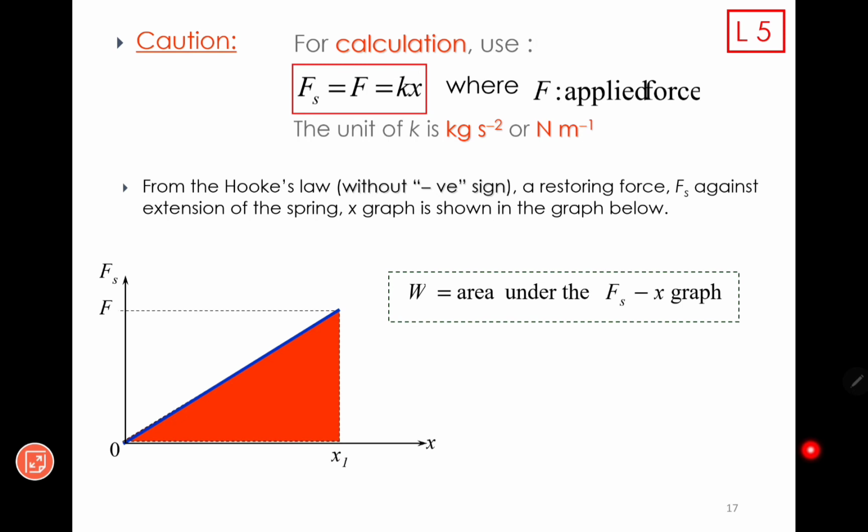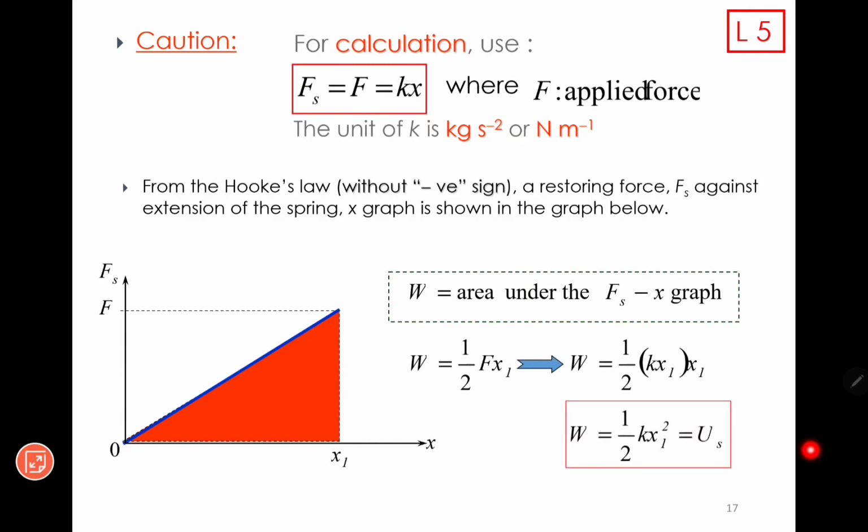So we may calculate the area using the equation half Fx1, which is equal to the work done. According to Mr. Hooke before, F equals kx. So we just expand the equation: half times kx1 times x1. Kx1 equals F, according to Hooke's law before. Then you will get W equals half kx squared.